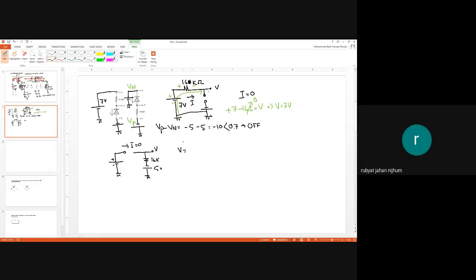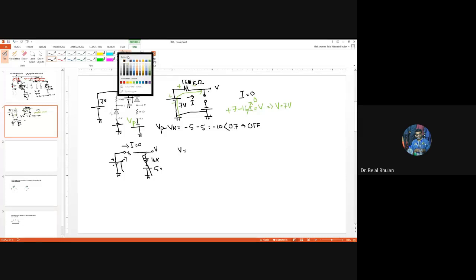So minus 5. Yeah. So again, the rule is that we have to apply KVL starting from ground till the point V, and we can do either this route or this path. But if you take this path, we get stuck here. We cannot cross the bridge. The bridge is broken. So that means we have to go this direction.